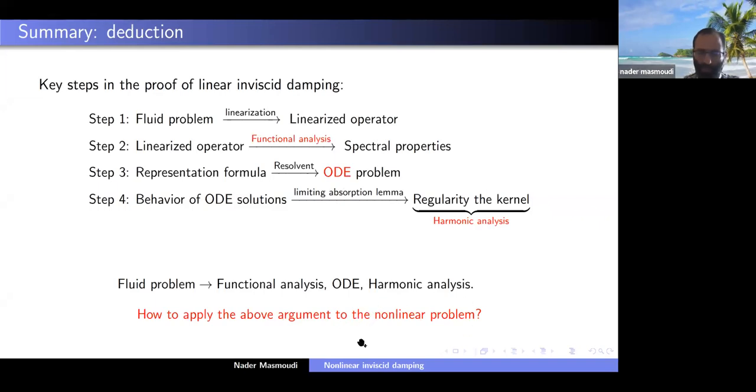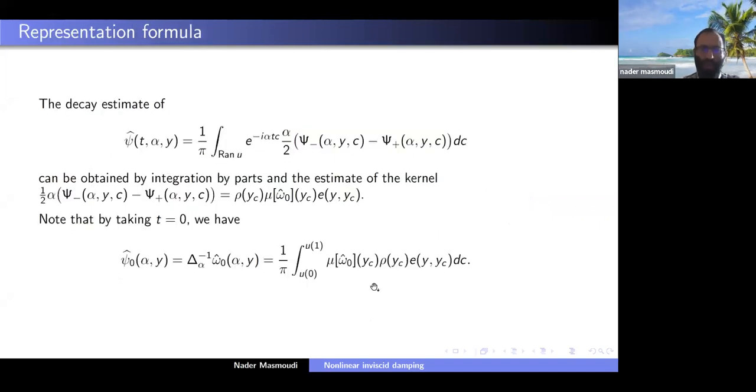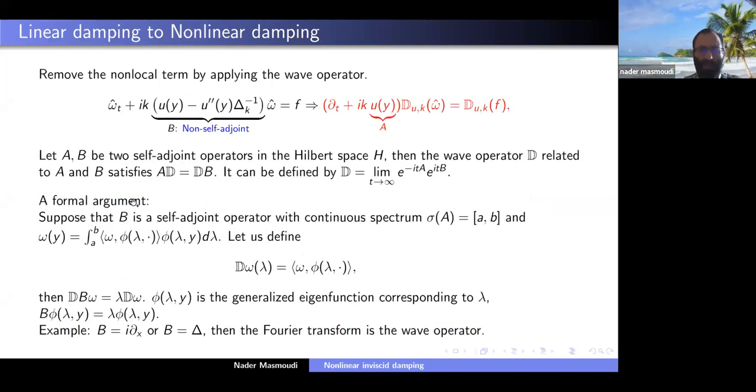Now, to move to the nonlinear problem, we need, as I said, a slightly more precise description of the solution. And the more precise description is introducing the wave operator to get rid of this non-local term.